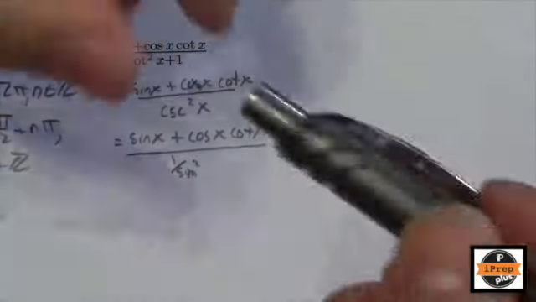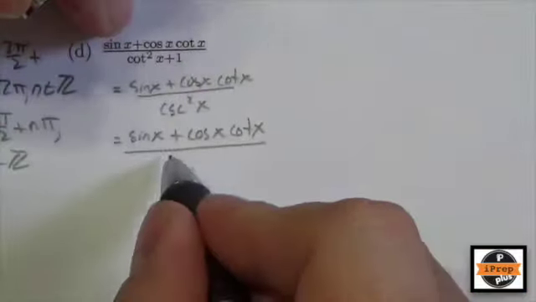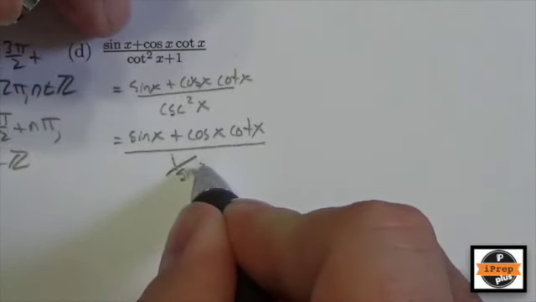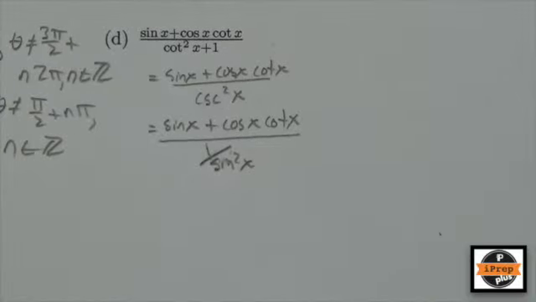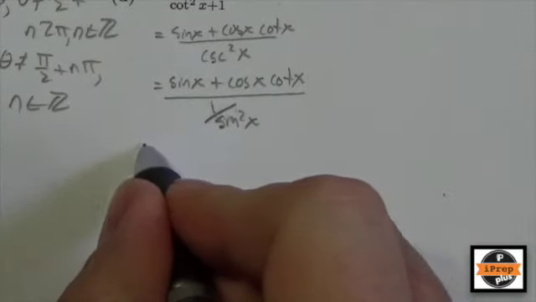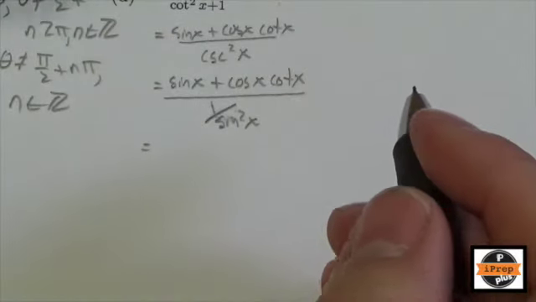Sorry, I could have done that a little bit better here. Hold on. 1 over sine squared. Okay. Now the next thing I'm going to do is deal with that 1 over sine squared. So that's my little bit of algebra here. I'm going to end up multiplying everything through by sine squared.